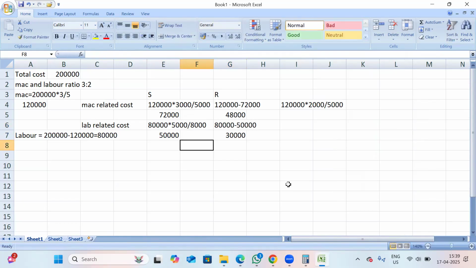So my total cost for product S is 1,22,000 and for product R is 78,000.